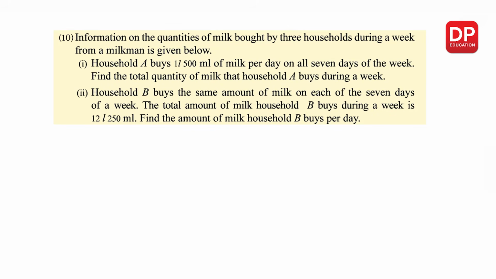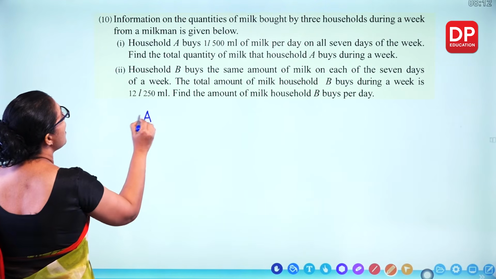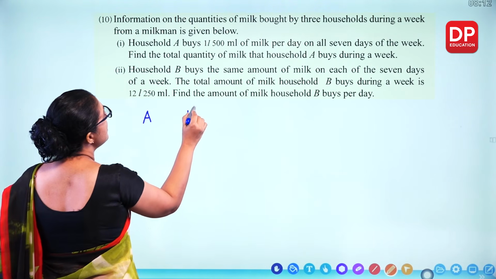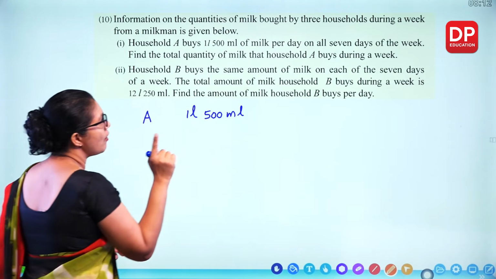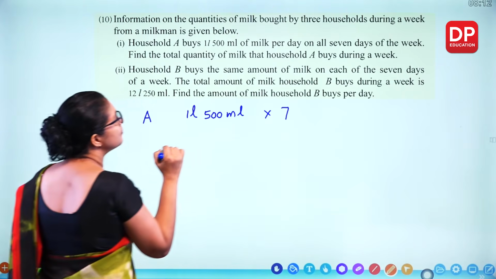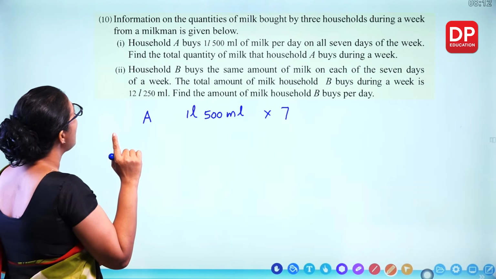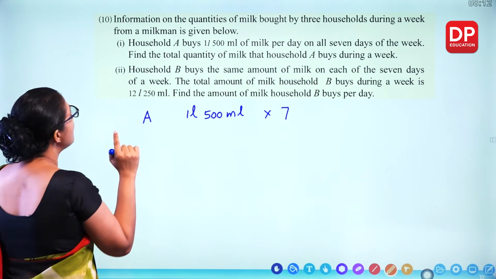Question number 10. Information on the quantities of milk bought by 3 households during a week from a milkman is given below. Household A buys 1 liter 500 milliliters per day on all 7 days of the week. Find the total quantity of milk that household A buys during a week.